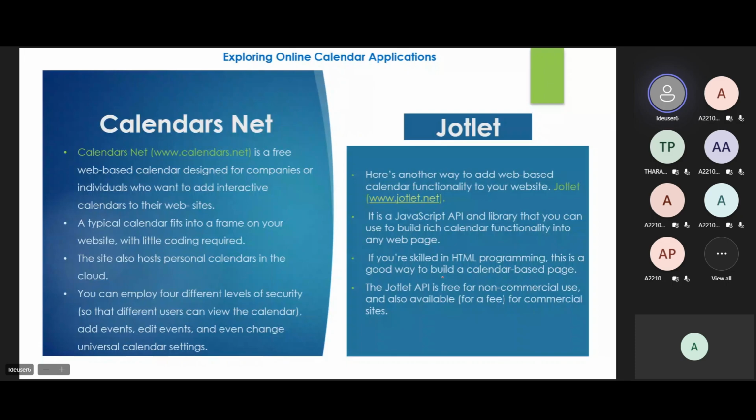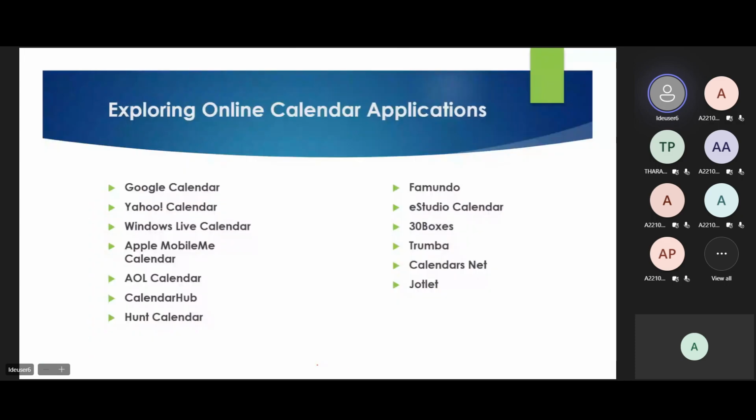So far we have seen about exploring online calendar applications. Different calendar applications are provided by different companies. Major companies provide Google Calendar, Yahoo, Windows Live Calendar, Apple MobileMe Calendar.